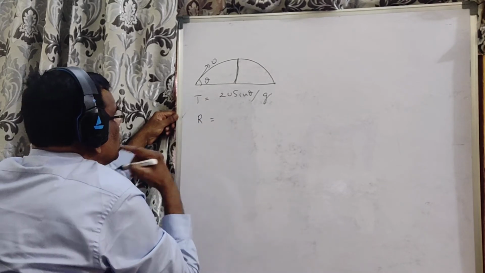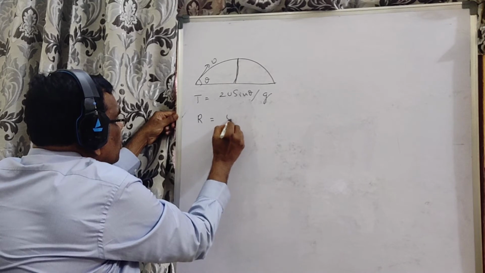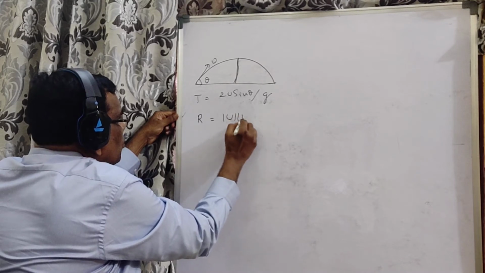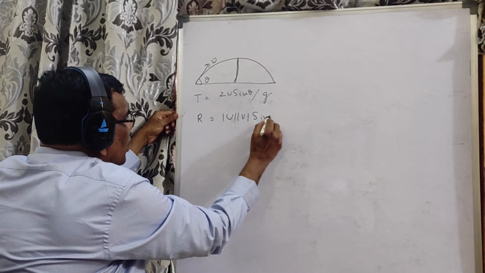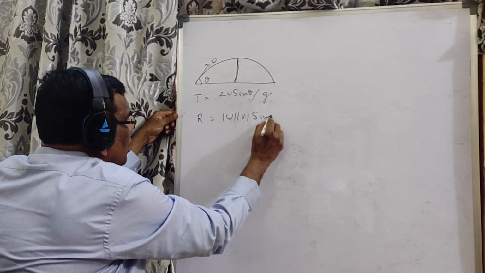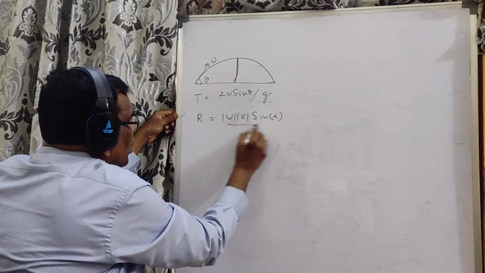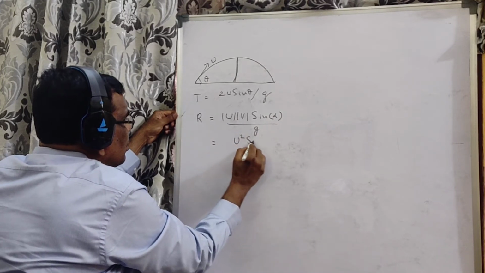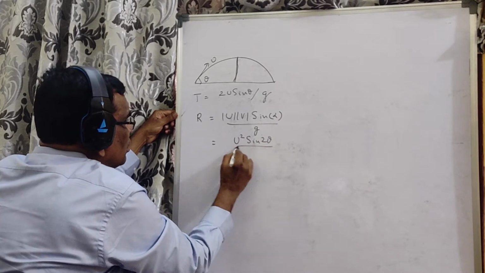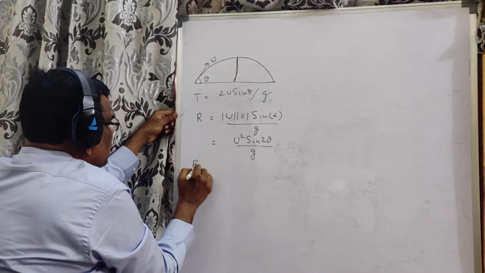R is equal to u mod v, sine of the angle, by g. In the symmetric case, it is u square sine 2 theta by g.